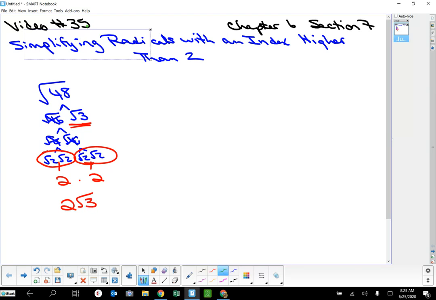Well, just as a reminder, the index is the little superscript number that you see in here. And if you don't see one, it's an implied 2.